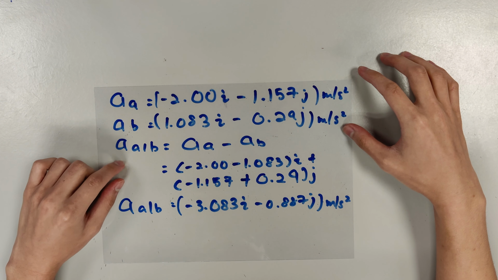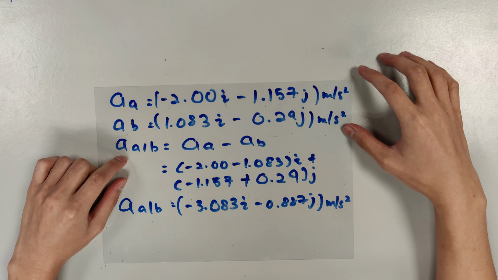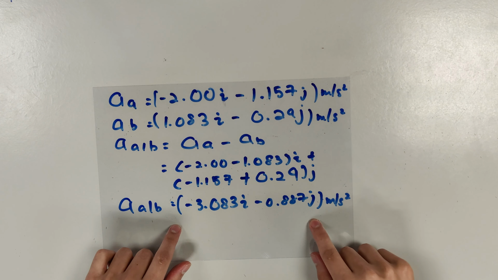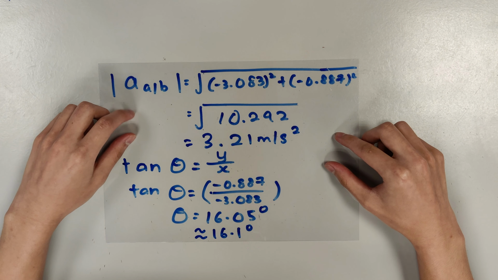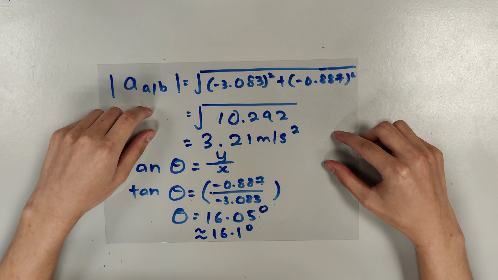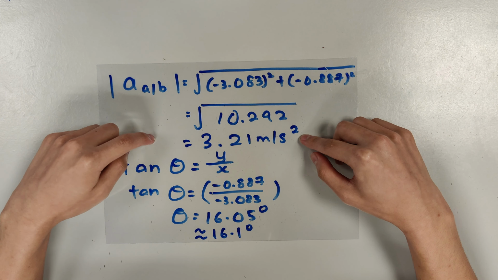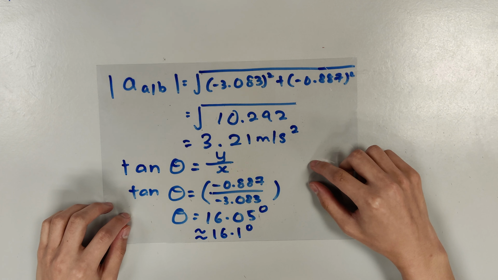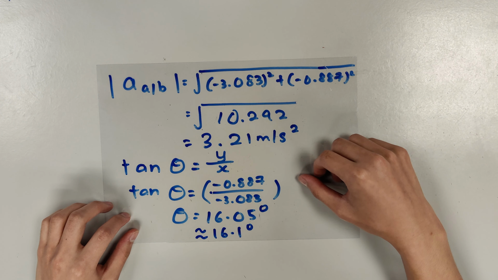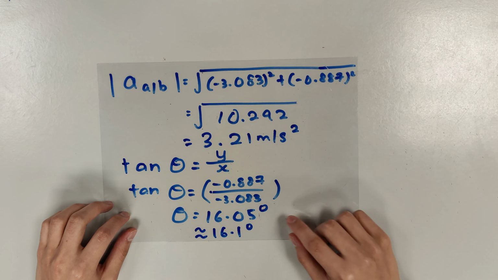Then using the relative acceleration equation, we can get the overall value such as this. The magnitude of acceleration AB can be obtained using the Pythagorean theorem, and here we get 3.21 meters per second squared. And for the angle, it is the arctangent of y over x, and the value is 16.05 degrees.